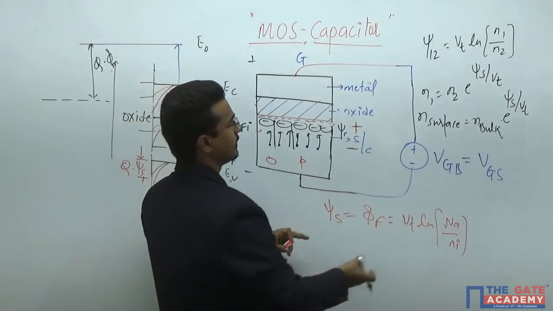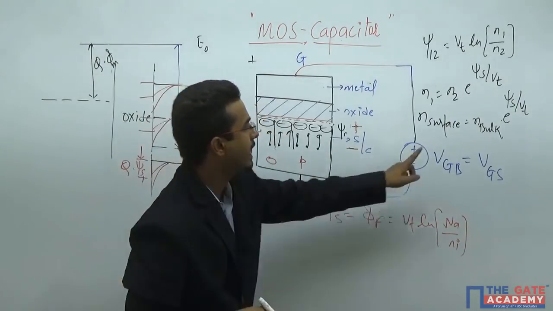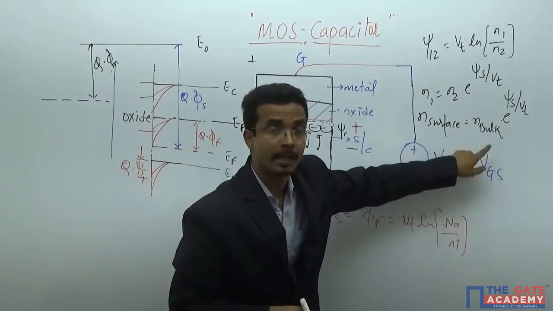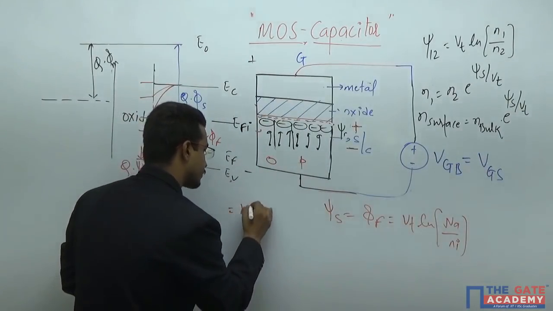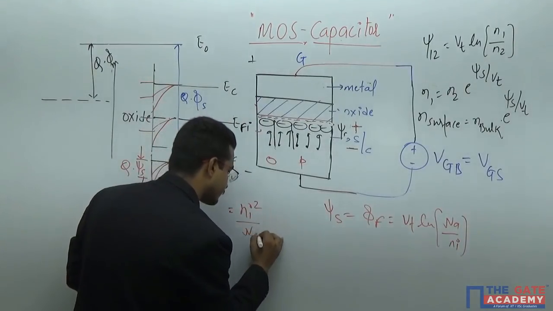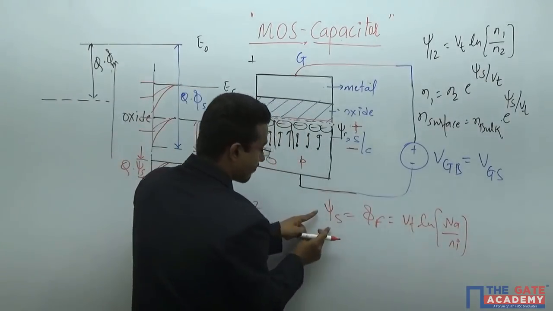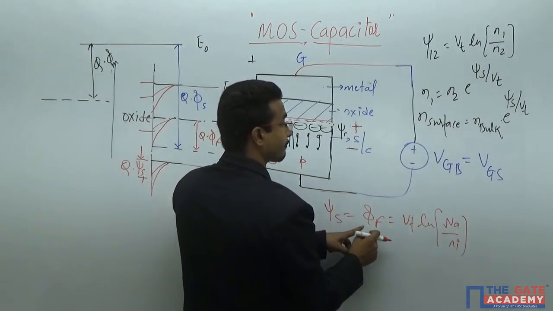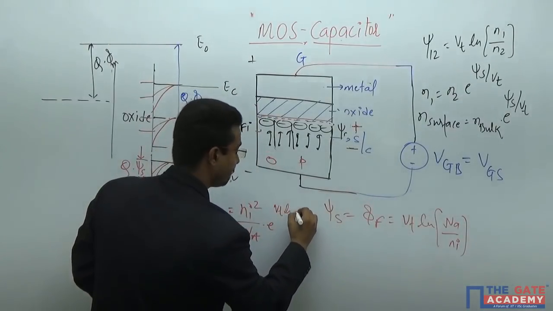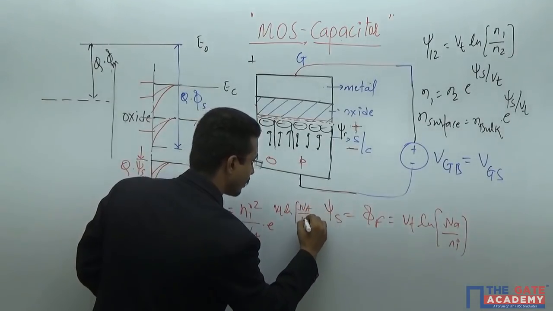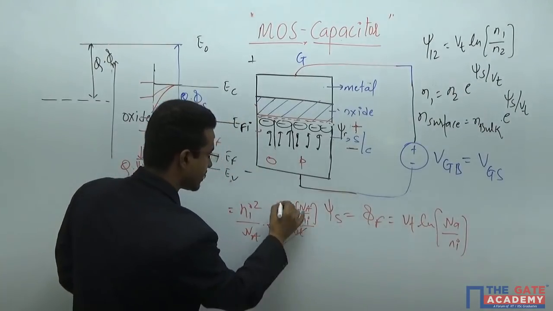Calculate N surface, the number of electrons at the surface, where the number of electrons in the bulk is the minority concentration, N bulk, which is Ni square upon Na, times e raised to psi S over Vt. Since psi S equals phi F, which is Vt ln Na upon Ni, Vt and Vt cancel out.